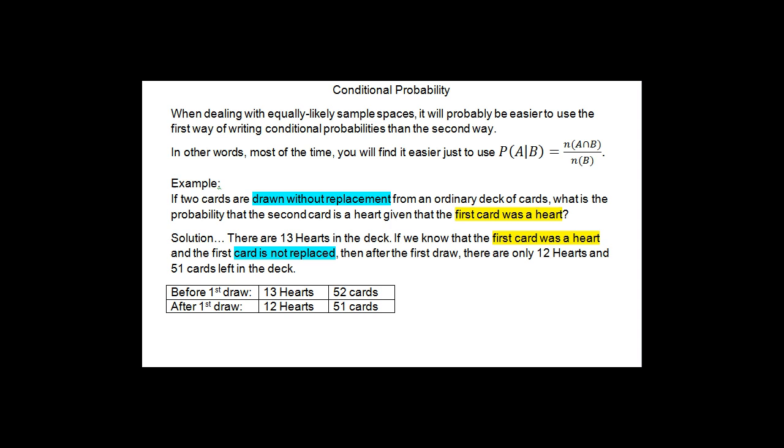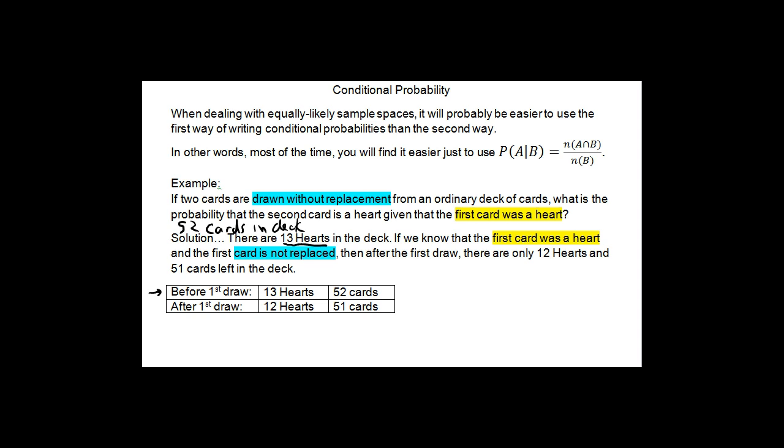So given that, think about a deck of cards. There are 13 hearts in a deck of cards, and there are 52 cards in the whole deck. And I've summarized that down here. Before we drew anything out, there were 13 hearts and 52 cards.